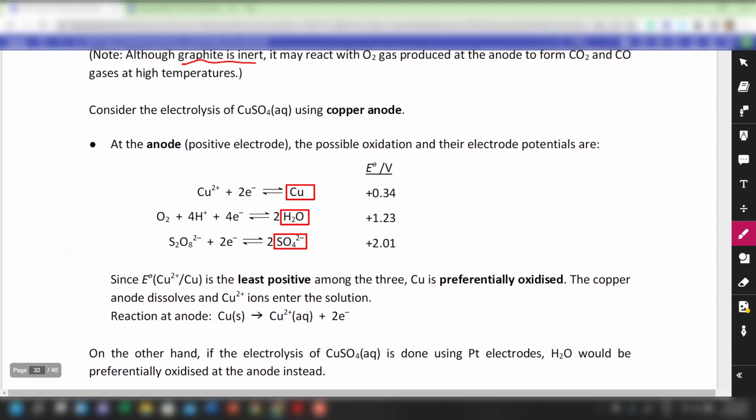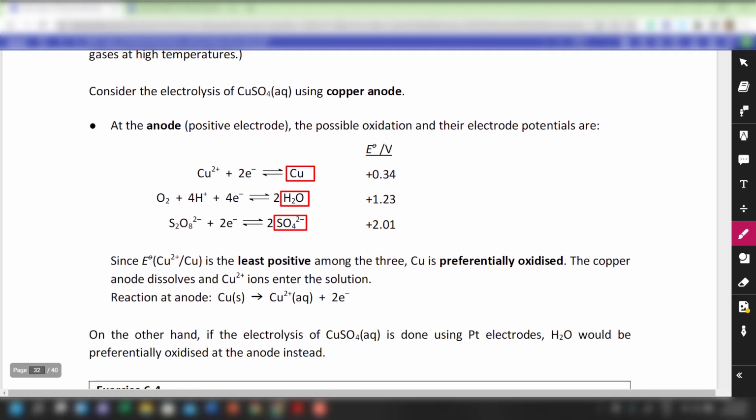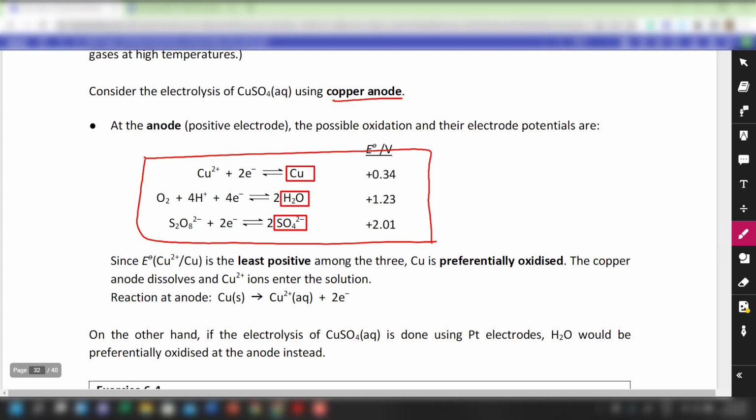So in the electrolysis of copper sulfate using copper anodes, it is possible that at the anode, copper will be oxidized to give us copper(II). If you compare with the reduction potential values given to us, the Cu2+/Cu value is the least positive amongst all.